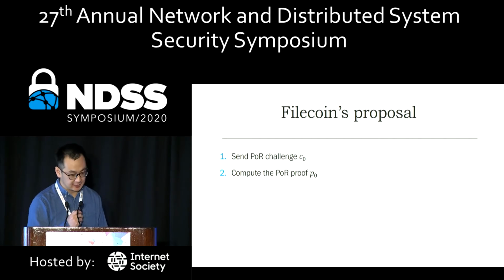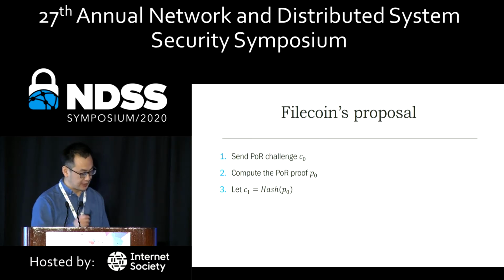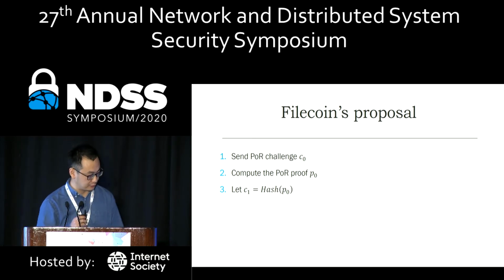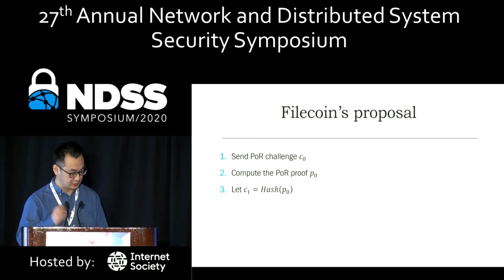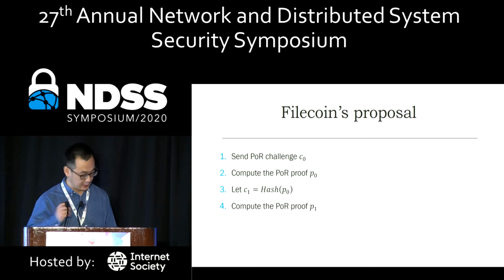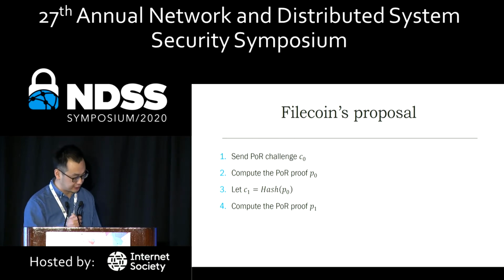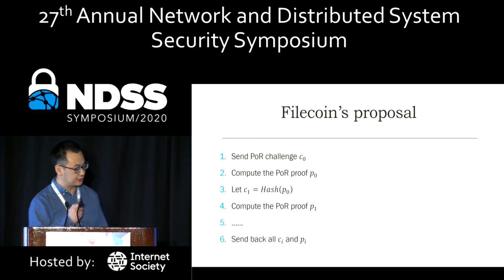But instead of letting the data owner send the next challenge, we derive the next challenge from the hash of the previous POR proof P0. This can be derived by the server itself; we do not involve the data owner. So the prover will continually compute POR proofs and iteratively execute this procedure. Finally, the server will return all POR challenges Ci and proofs Pi.